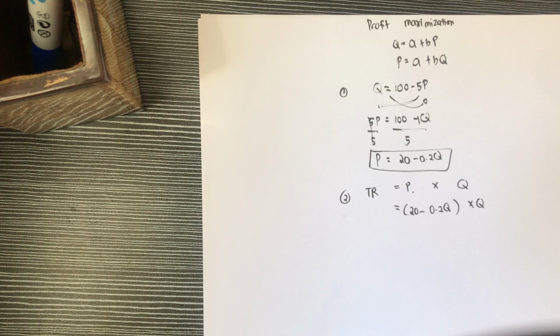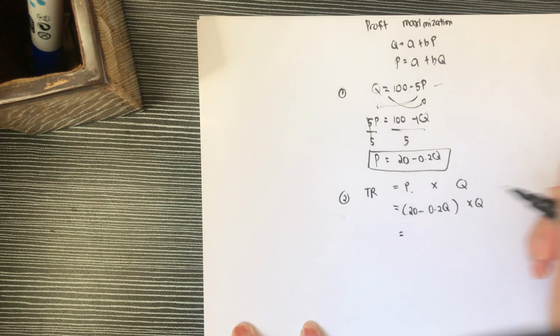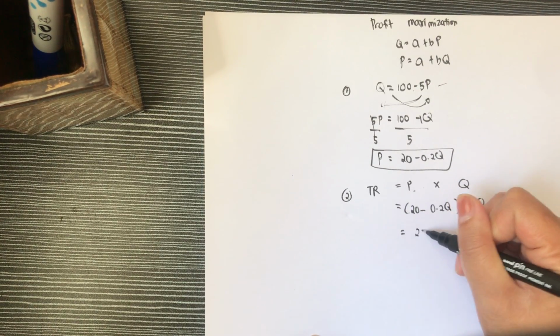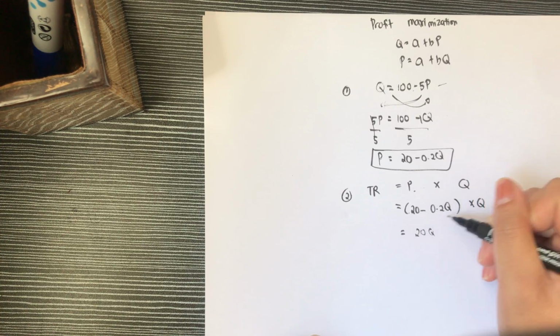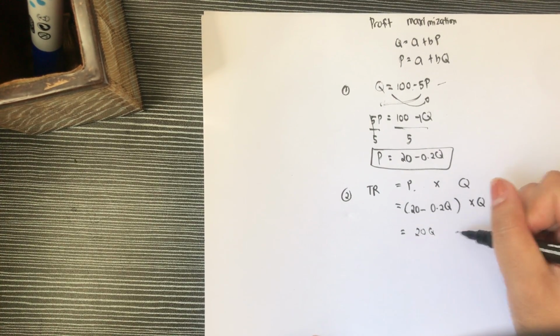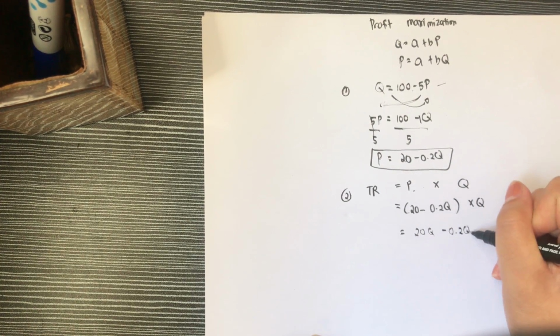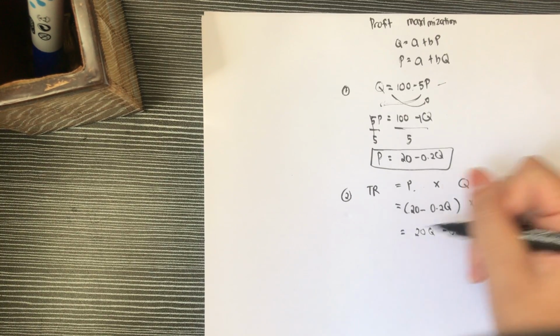But if you just want to know the revenue, you can still apply the original demand function equation. Let's distribute 20 times Q, that's 20Q, and then negative 0.2Q times Q is negative 0.2Q squared.